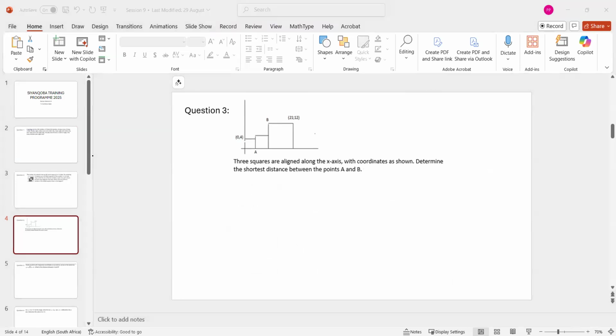Question 3. So you've got this rather small looking diagram here.